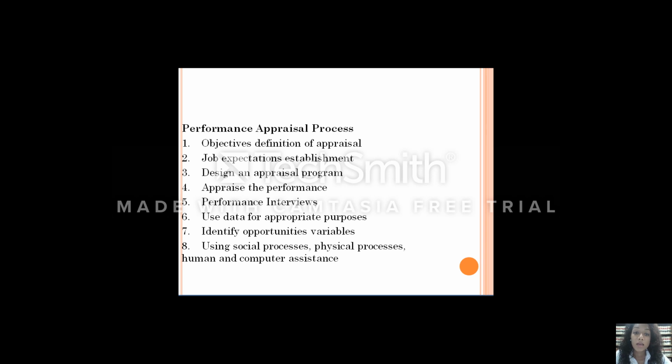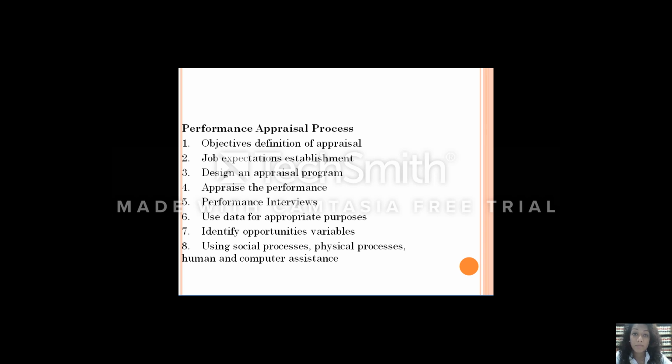Now, the processes that are included in performance appraisal: the first one is that the objectives of the performance appraisal are decided. The second process is that the different job expectations are communicated to the employees. The third is designing an appraisal program.